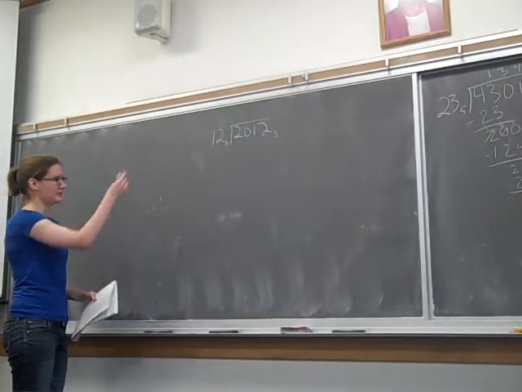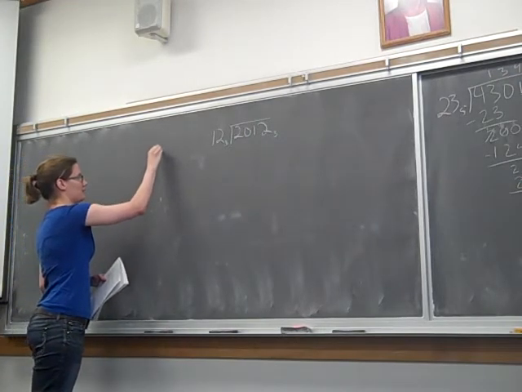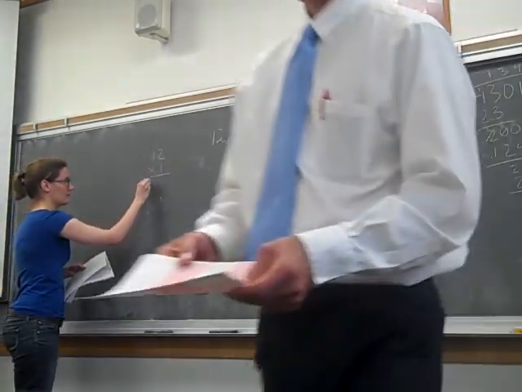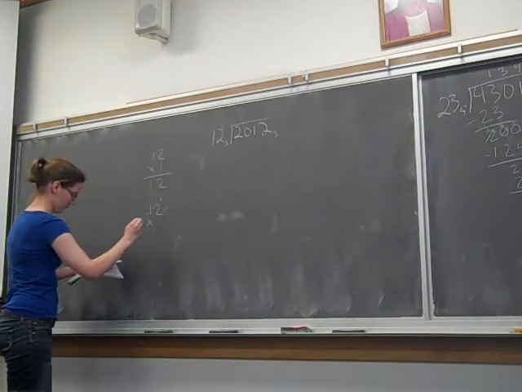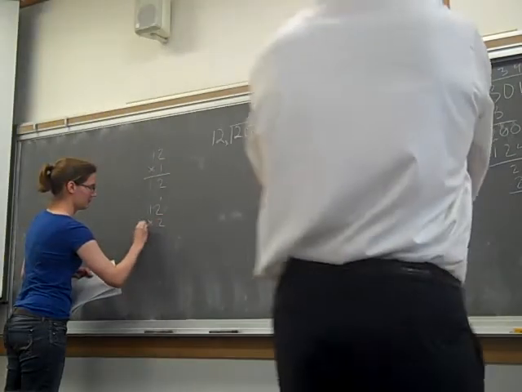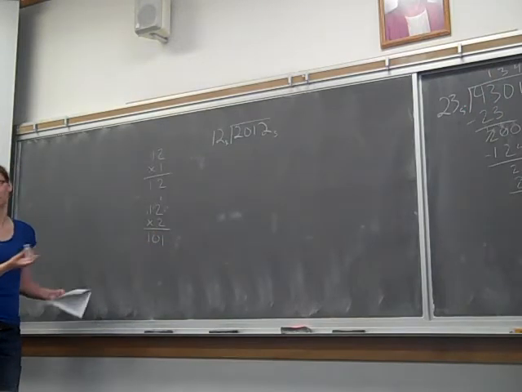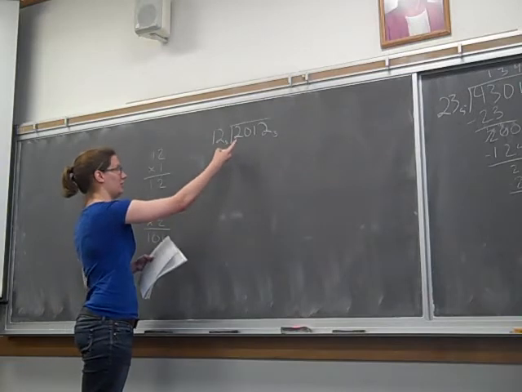So I started out by finding the different factors. And you can only go to 2 because it's base 3. So then I go over here, and 12 goes into 20 one time.